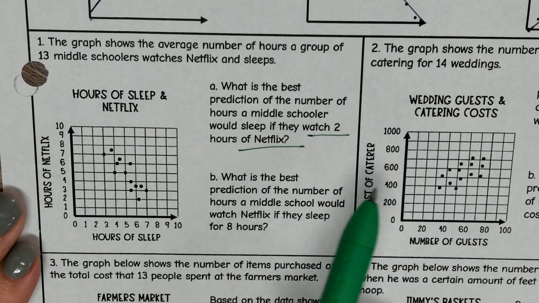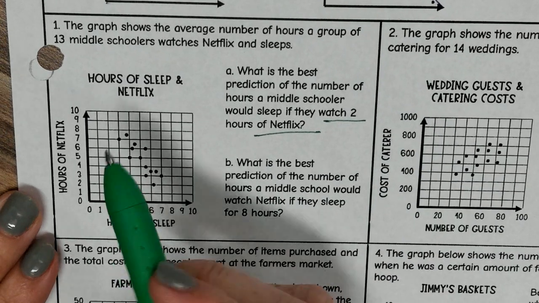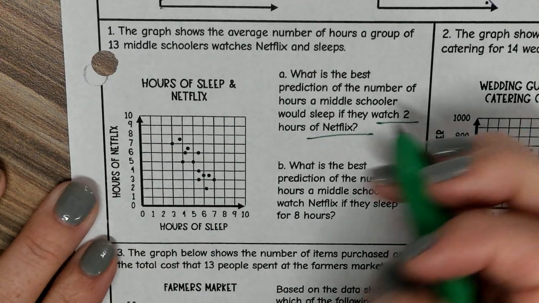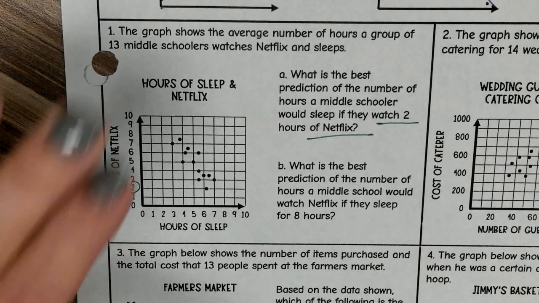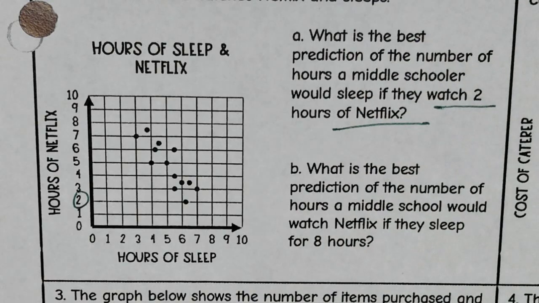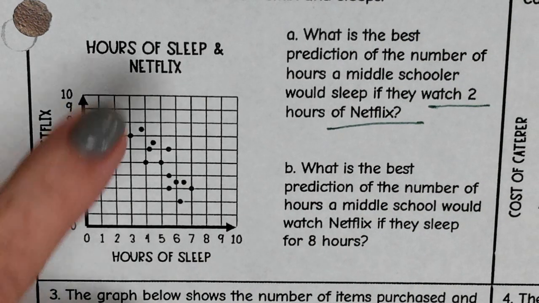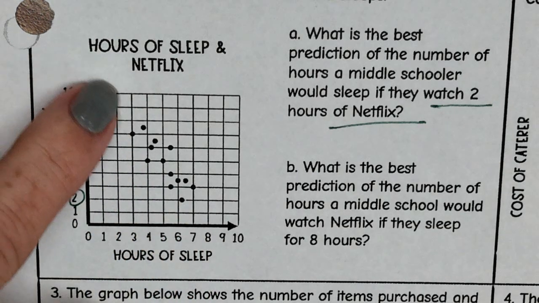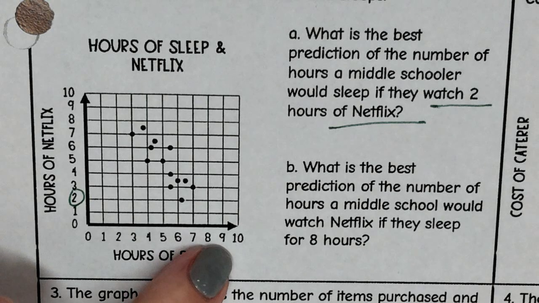So everybody go, where's Netflix at? On the x-axis or y-axis? All right, so where am I going to go? To 2. You're going to have to imagine a trend line being here. Everybody look how I'm moving my fingers. Do y'all see it? All right.